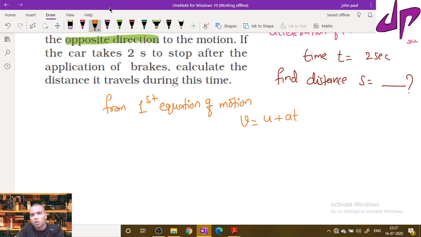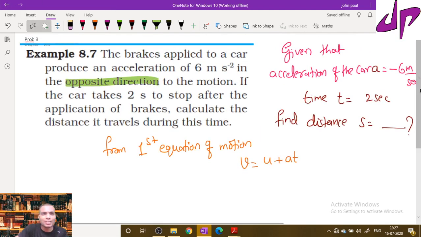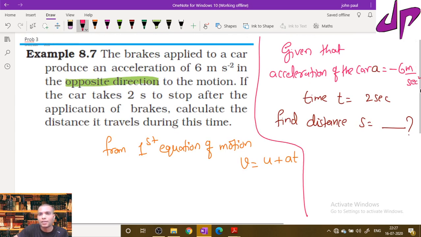Because I know acceleration, final velocity and time. Here I forgot to mention in the given section that the final velocity v equal to 0.